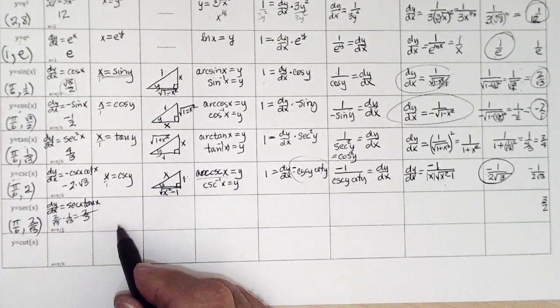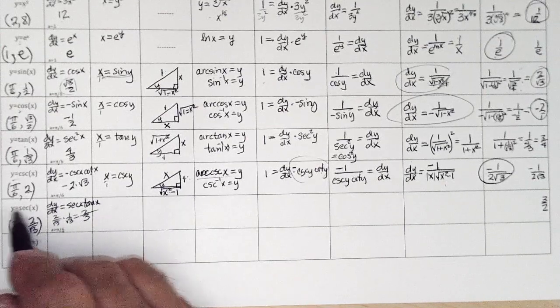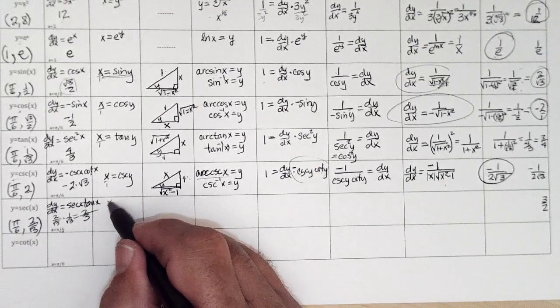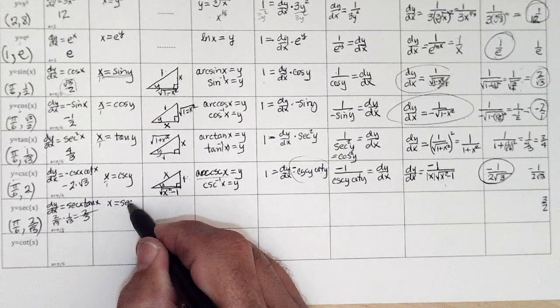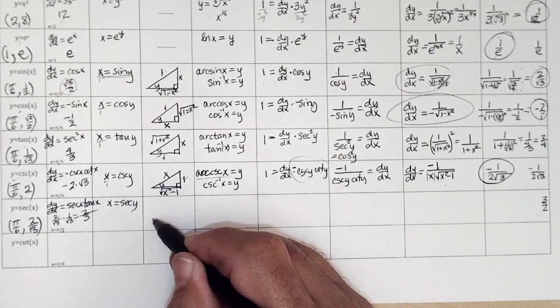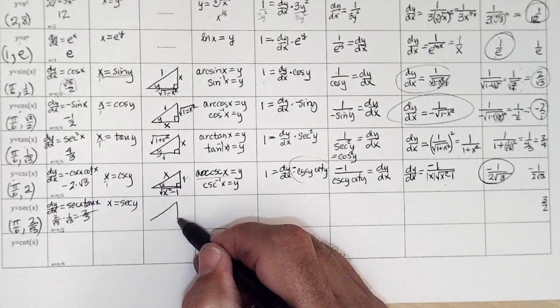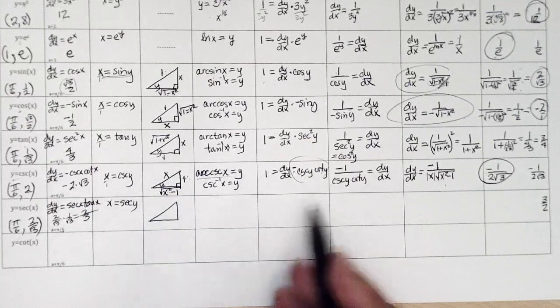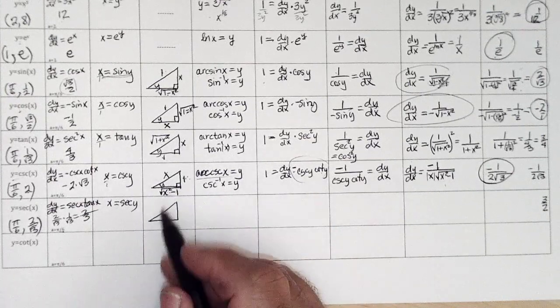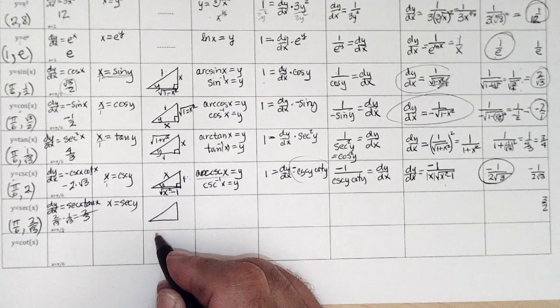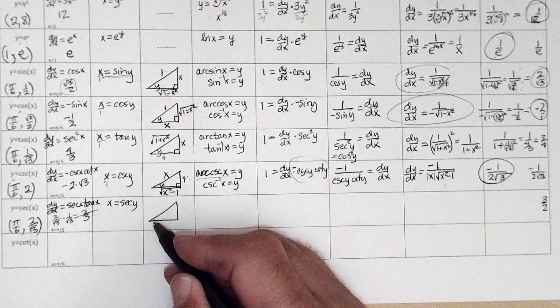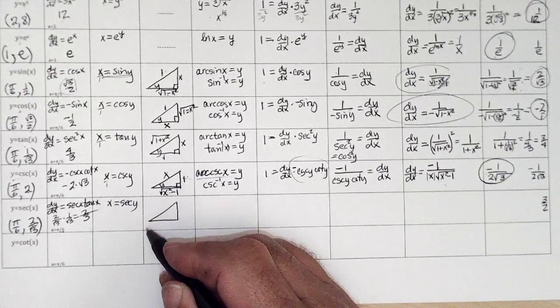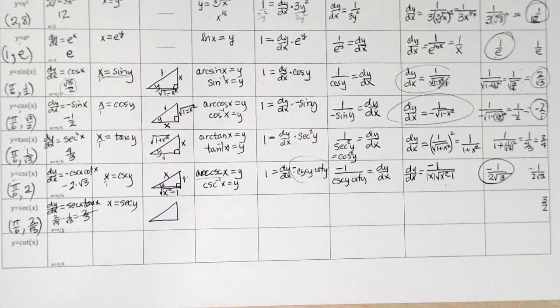Now let's see if we can get there. Swapping the y and x, I get x equals secant y, making a triangle where the secant is... Something seems wrong to me here.